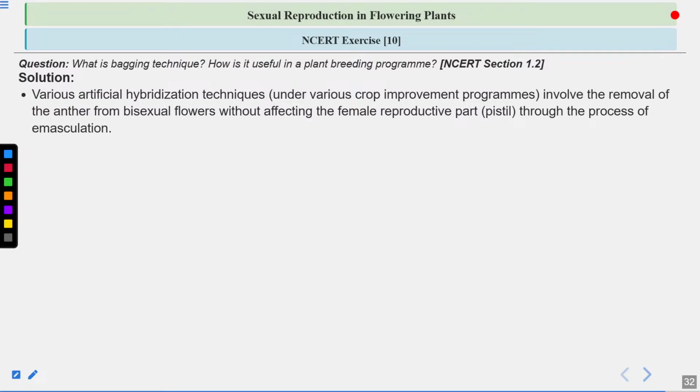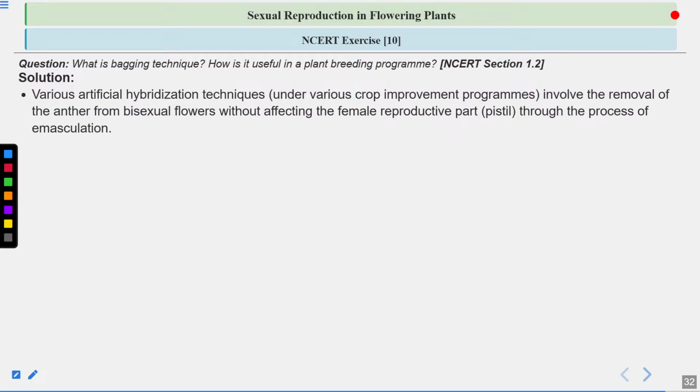At that point you will remove all the anthers from that flower. Now this flower has only the female reproductive organ, right?